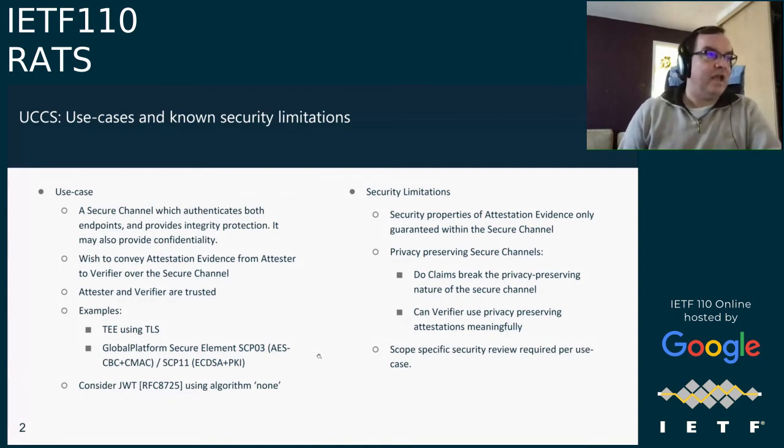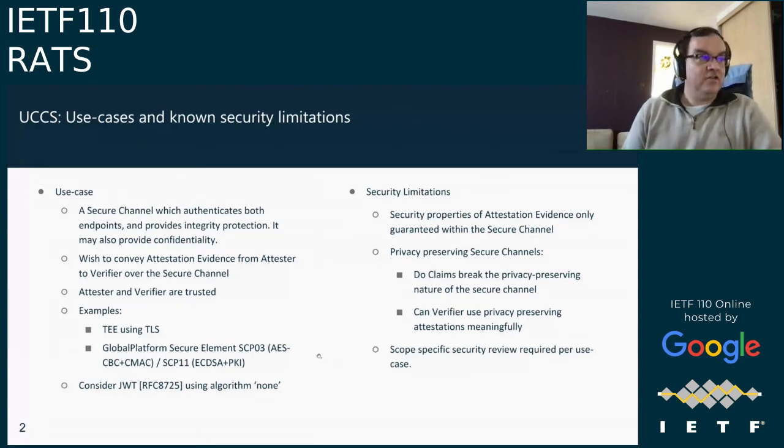So in this case, we're assuming that the two endpoints, the attester and the verifier, are trusted in some sense. So examples might be a TEE conveying attestation evidence to a service provider using TLS, or a GlobalPlatform secure element using SCP-03 or SCP-11.